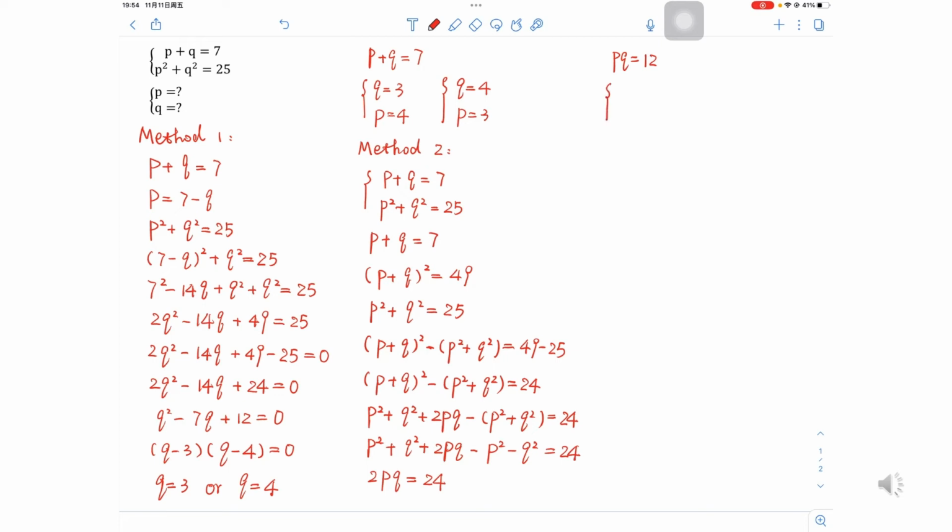Now we have P plus Q equals 7. P times Q equals 12. So remember Vieta's formulas? For our purpose, to put it simply, in the case of a quadratic equation like this, x squared plus b times x plus c equals 0.